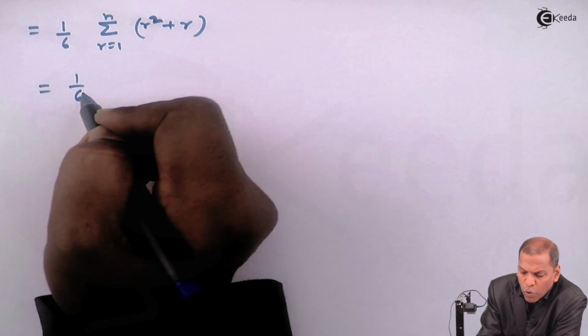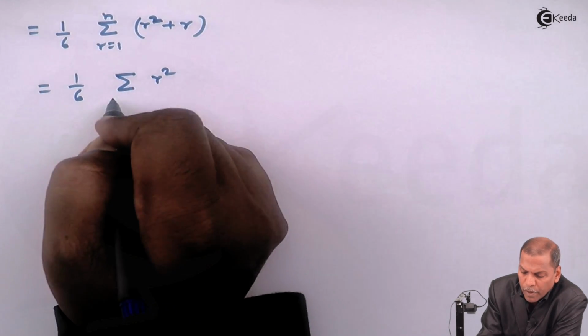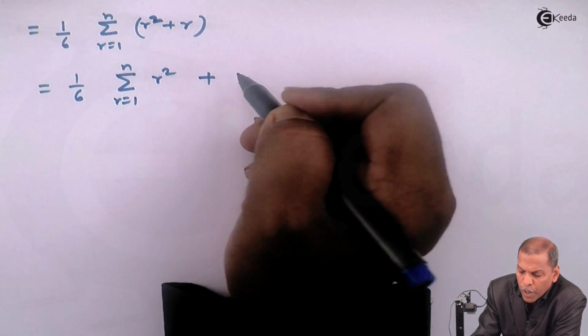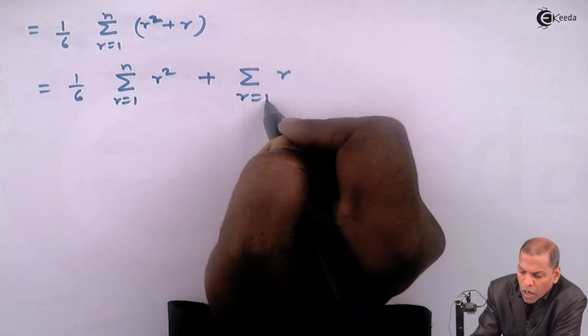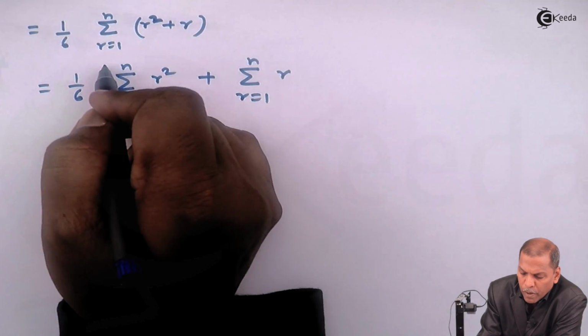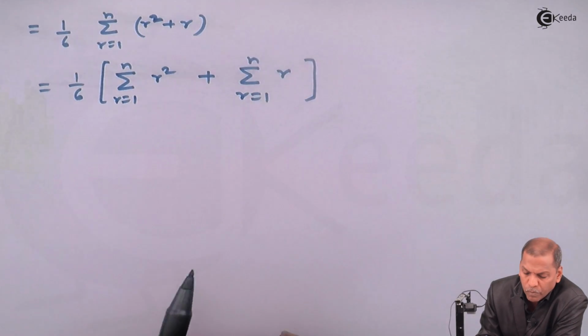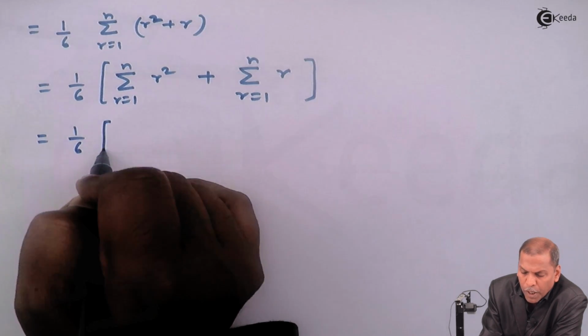So that is equal to 1 by 6 summation r square r takes value 1 to n plus summation r r takes value 1 to n, and we close the brackets. So that equal to 1 upon 6 in bracket.